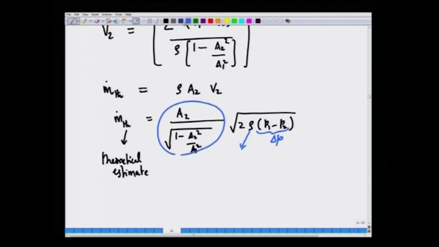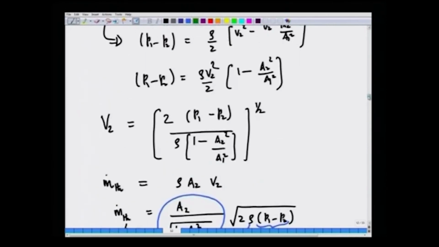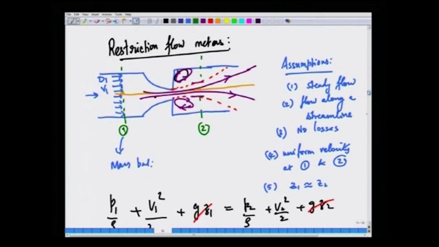Okay. So, what are the problems with this equation? What are the issues? The problematic issue is that the area A2 is not known. It is not the conduit area or tube area. It is essentially, if you recall the picture, the point at which the fluid is flowing uniformly, and we choose arbitrarily the point 2 to be this.